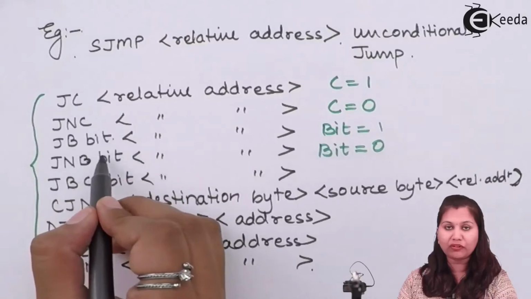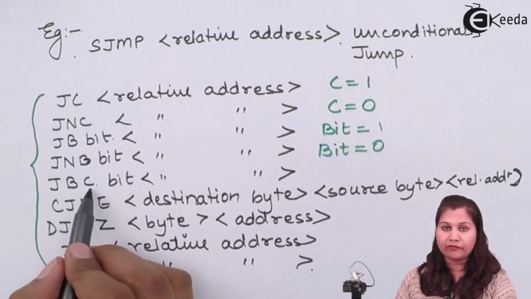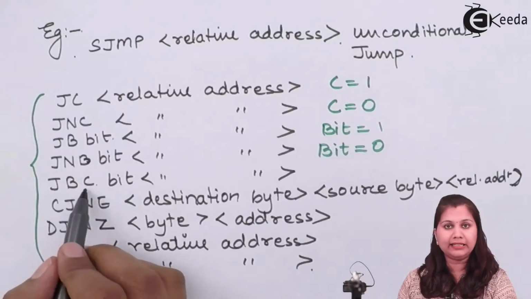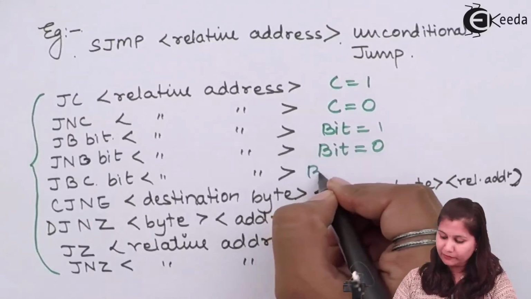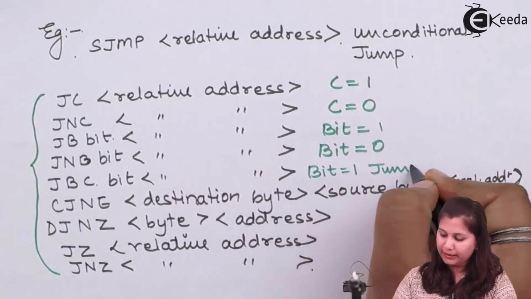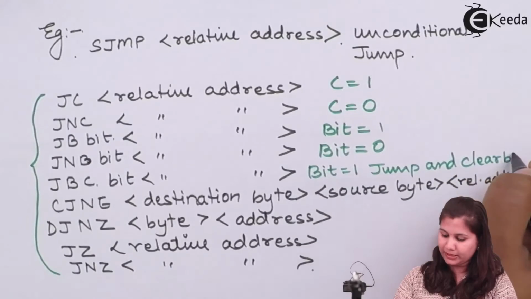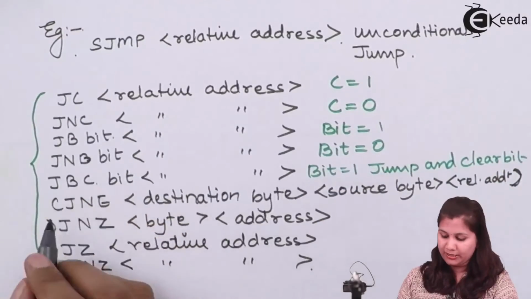This bit is specified in the instruction itself. Jump if bit is 1 and then clear the bit means when the bit is equal to 1, then it is going to jump and then clear the bit. C is to clear the bit.